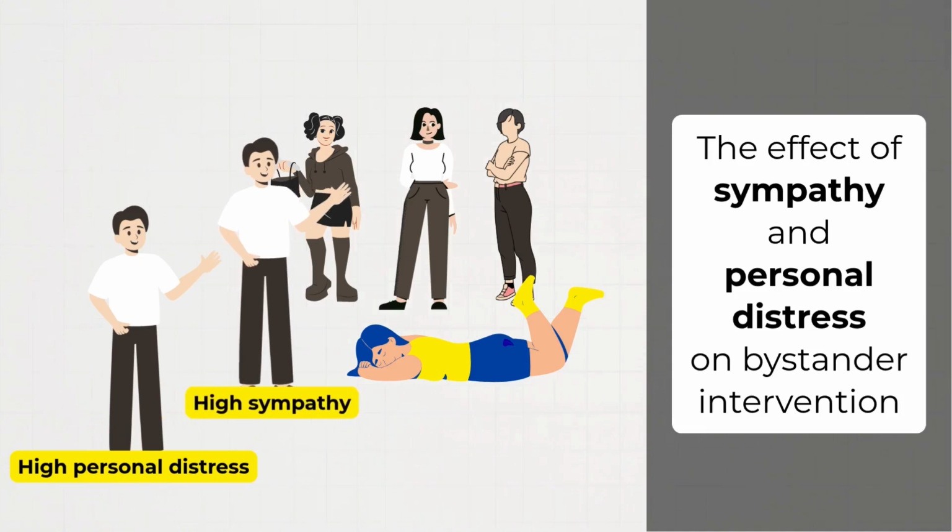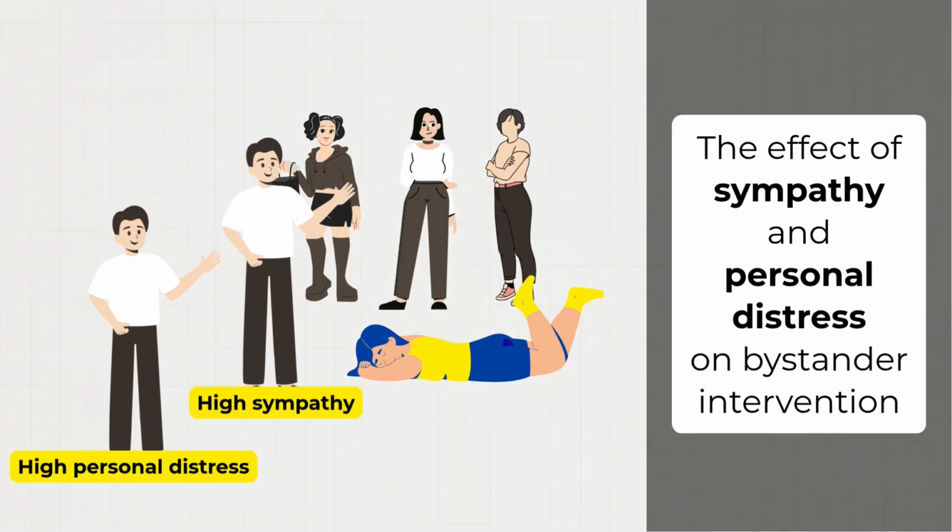People with high levels of sympathy would help regardless of whether they were the only bystander or whether there were multiple other bystanders there that could help too. To summarize, people with high sympathy are the ones likely to help out in an emergency situation regardless of how many other people are around.